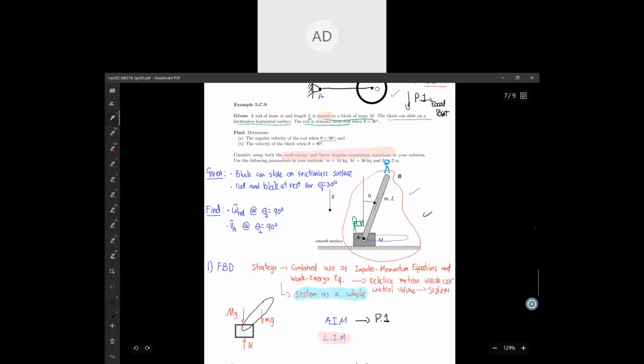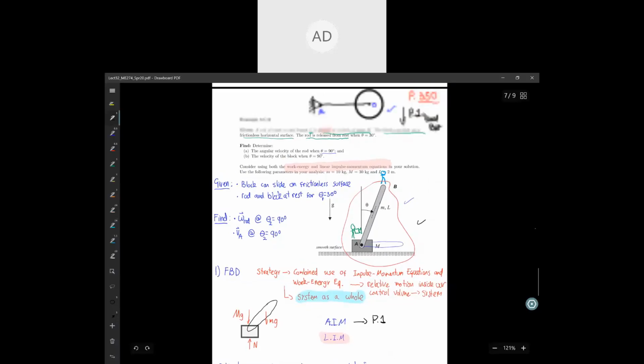So can we decide by looking at these two drawings why on the top one we needed angular impulse momentum and not linear impulse momentum? There is something that is going to straight away tell us why.